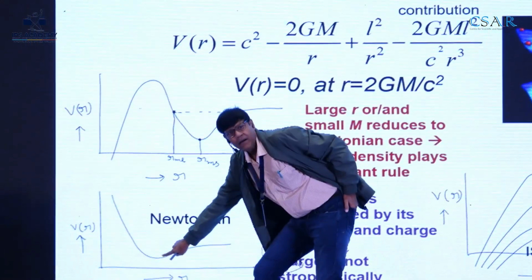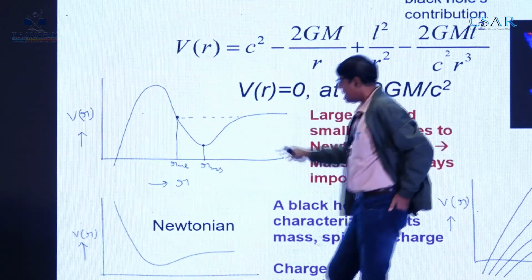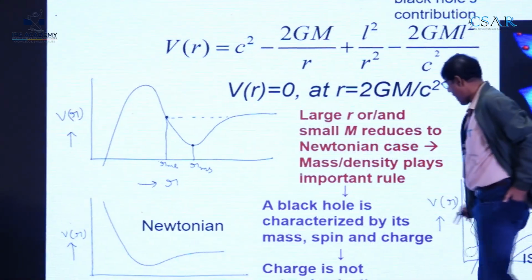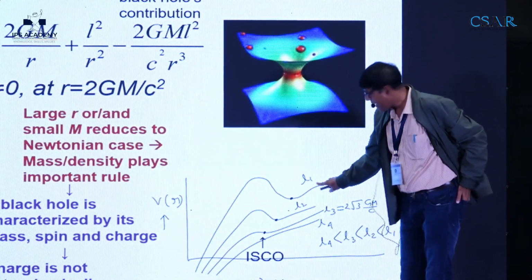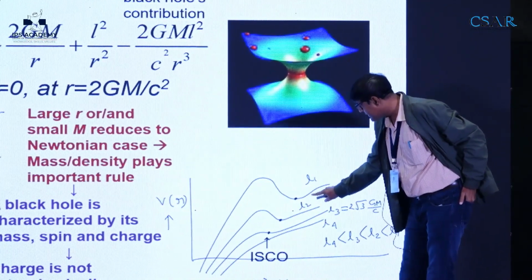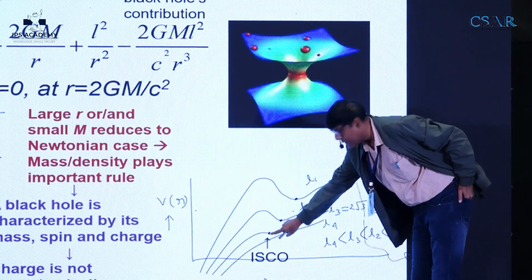In place of one extremum, you have two extrema, and those extrema are determined by the angular momentum with which the particle is falling. As the angular momentum keeps decreasing, the extrema come closer. At some point they merge.